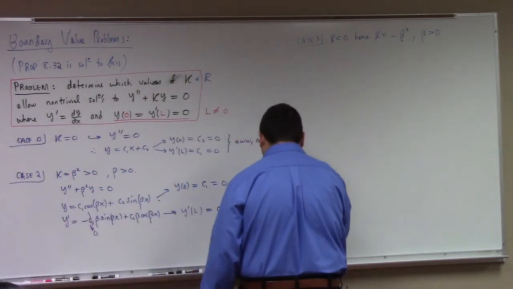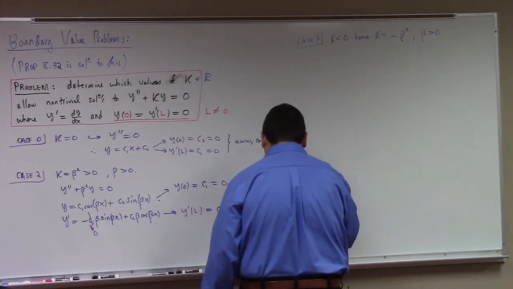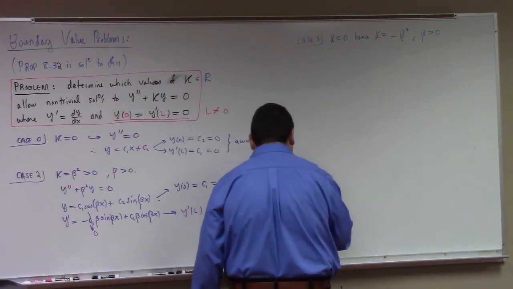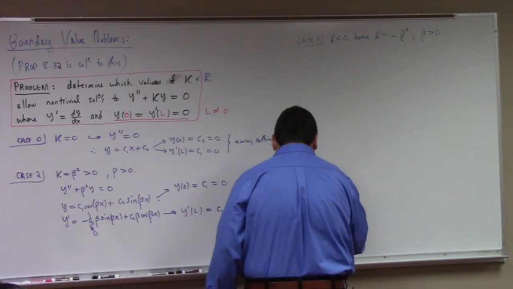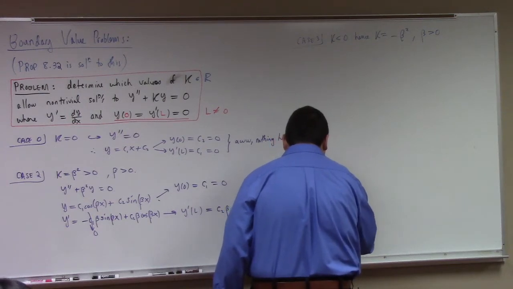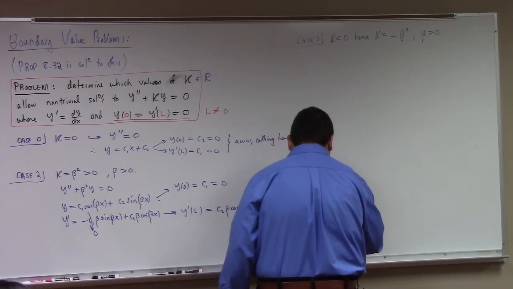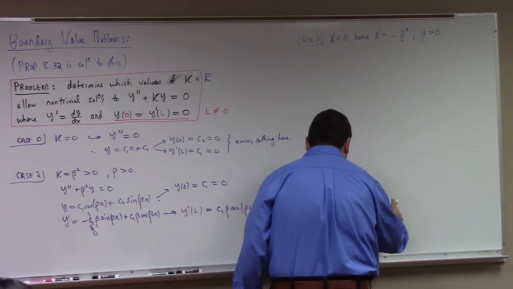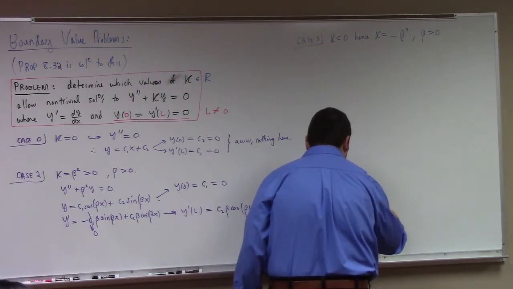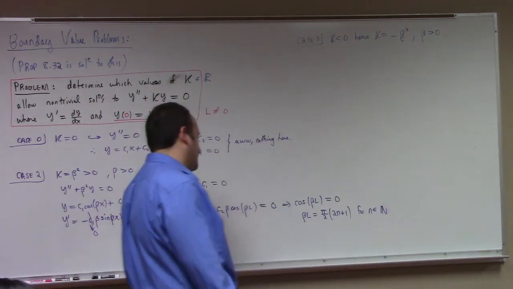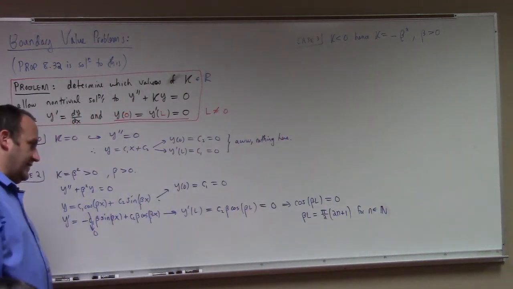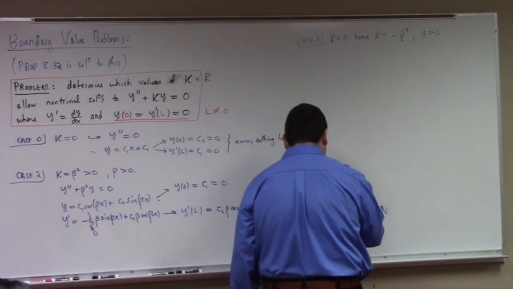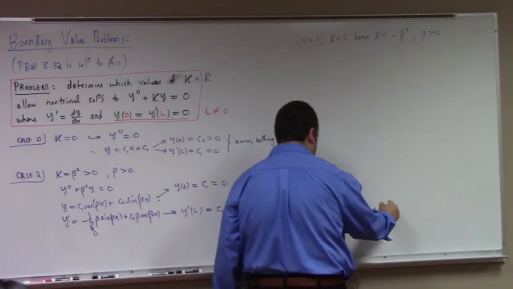So this implies that cosine of beta L equals 0, which means that beta L is equal to pi over 2 times 2n plus 1 for n in the positive counting numbers. So that would start at, maybe I can do minus 1. Yeah, minus 1, so I put a 2n minus 1.